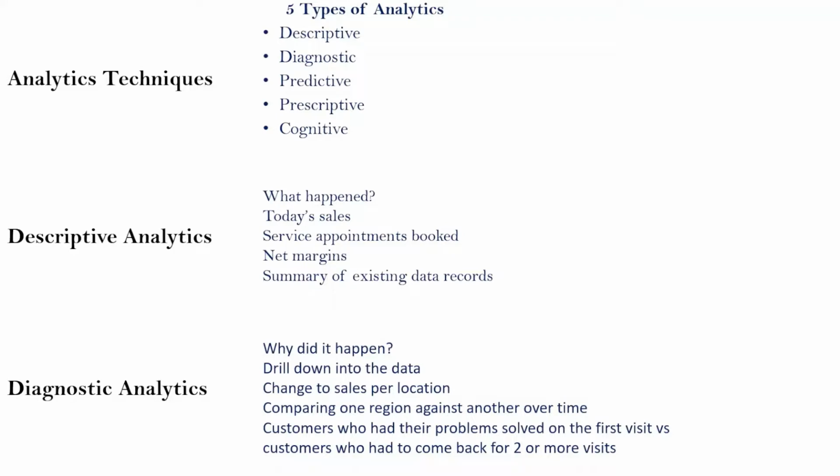The reason can be anything. For example, customers came and their problem was solved in the first visit itself, while in another location it happens only after two visits. If you charge only one time but serve that customer twice for the same charge, then in a way you are decreasing your sales.